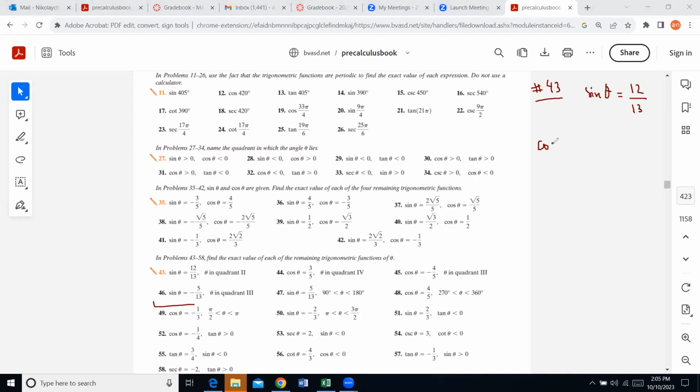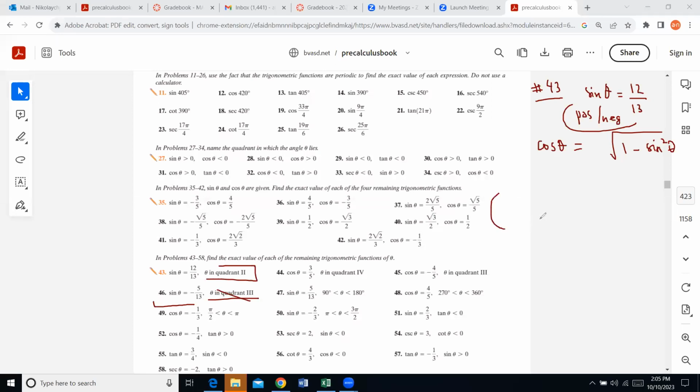So if I find cosine, remember it's a square root of 1 minus sine squared, right? Pythagorean theorem. But the question is, is it positive or negative? What's the sign? That's why they actually give us an extra piece of information: quadrant number 2.